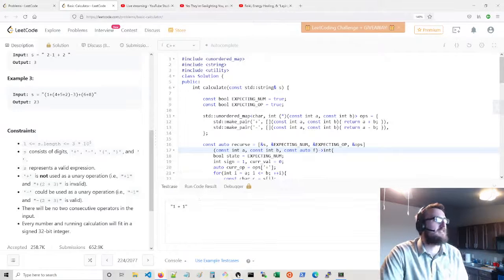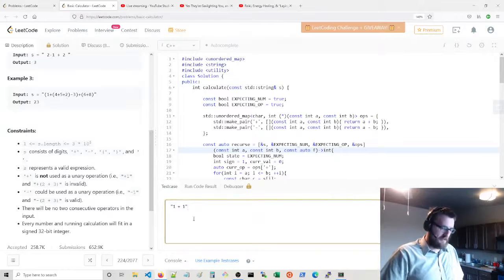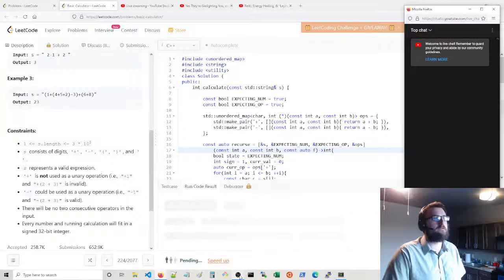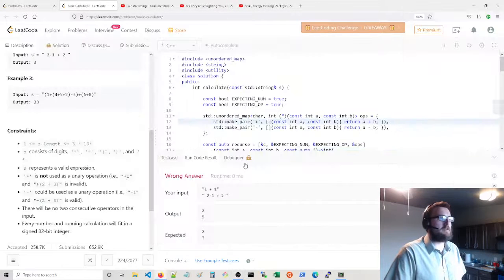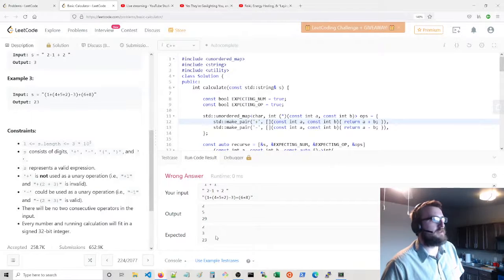Hey! No kidding. Wow. All right, now we want to set up a whole bunch of test cases. Let's use the example cases. See if it works. Almost certainly there's going to be some error here. Okay. So we got 29 instead of 23. And we got 5 instead of 3. Okay, let's try this one.